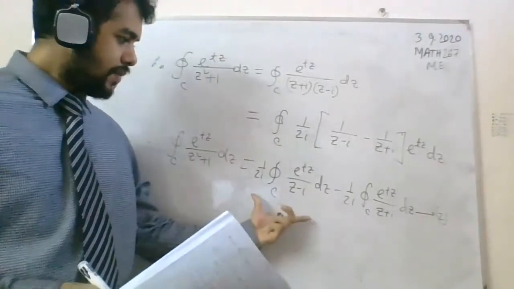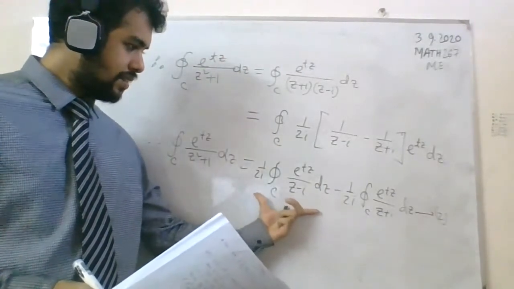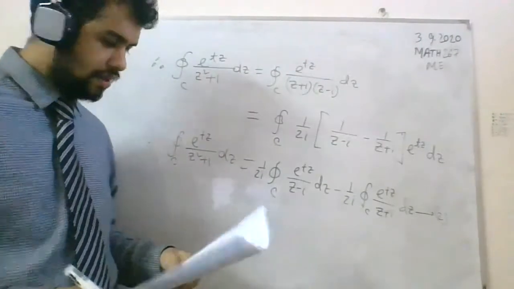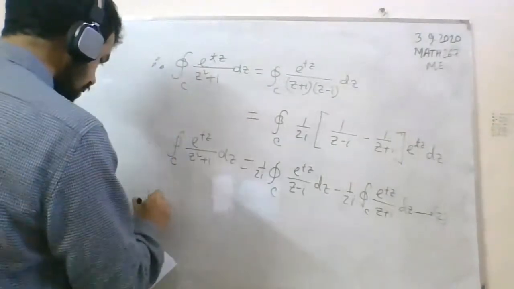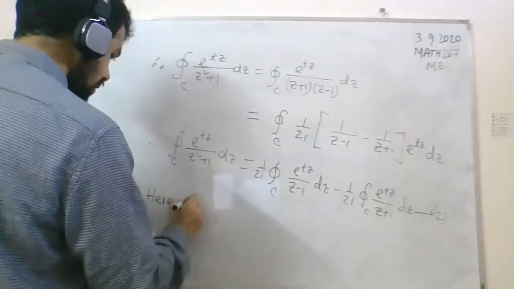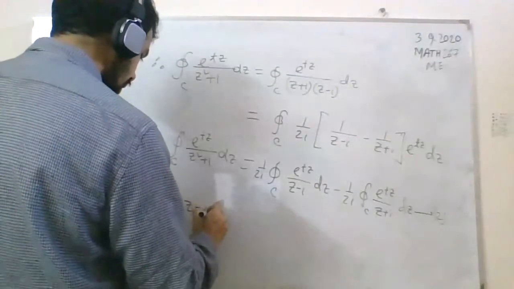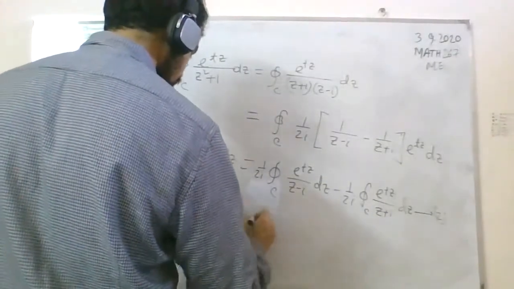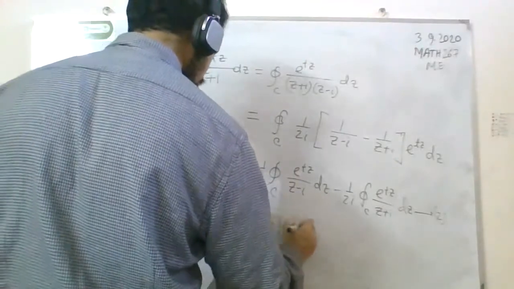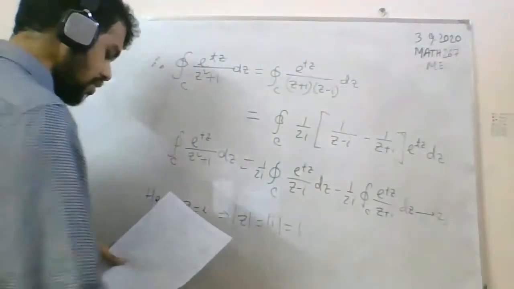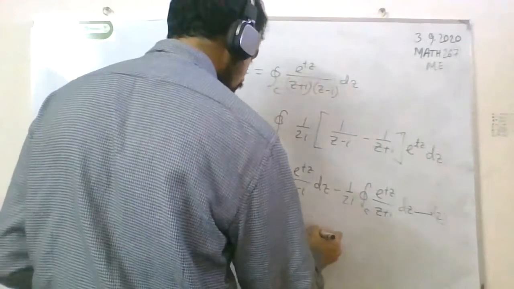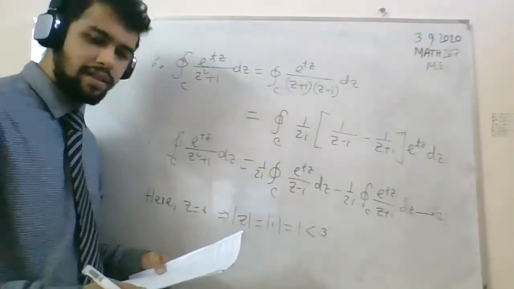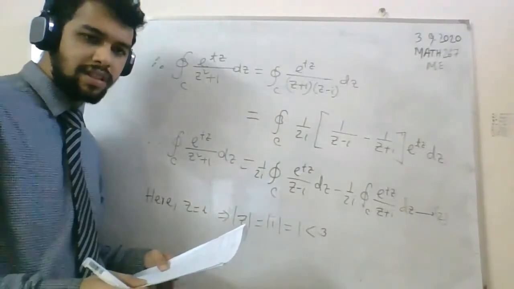Okay. So for the first term, what we have to do is take a look at here z equals i, then you can say modulus of z, which is modulus of i, means 1. Okay. So modulus of i means 1, which is less than 3, where C is the circle, modulus of z equals 3.